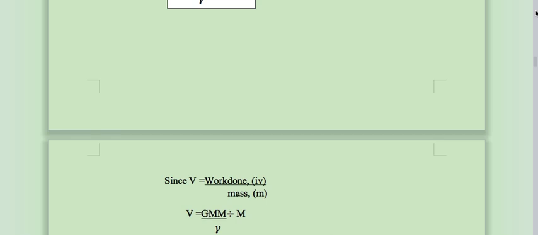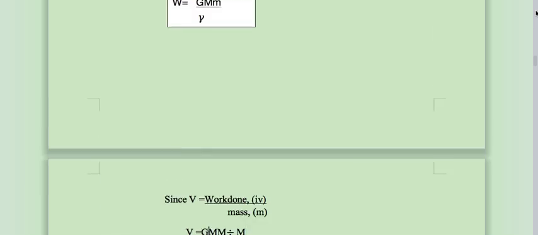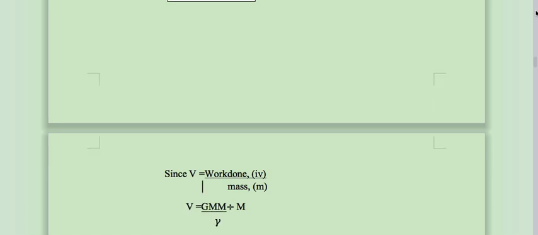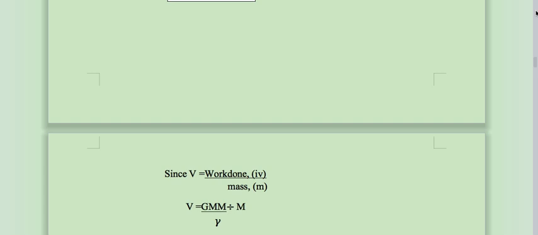Since I'm describing my gravitational potential, my gravitational potential V is equal to work done all over the mass. So therefore, I will have capital G, capital M, small m, all over R divided by my small m, which is the mass.